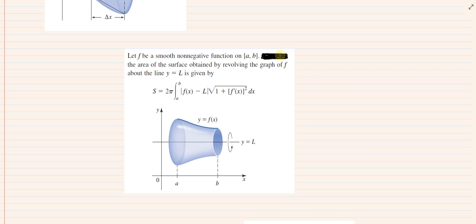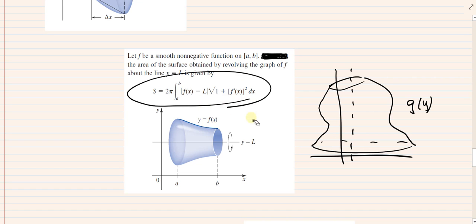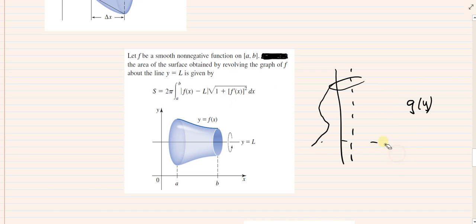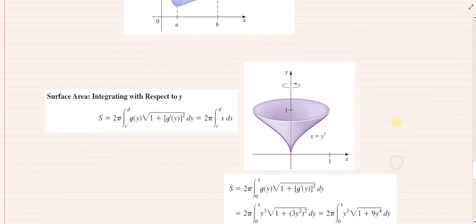And the same thing holds if you revolve about, let's say, a vertical line. So you have something in the form of g of y, and you're revolving about a line here, right? So in this case, you're going to get a solid that looks something like this. So the same methodology holds for other types of regions.